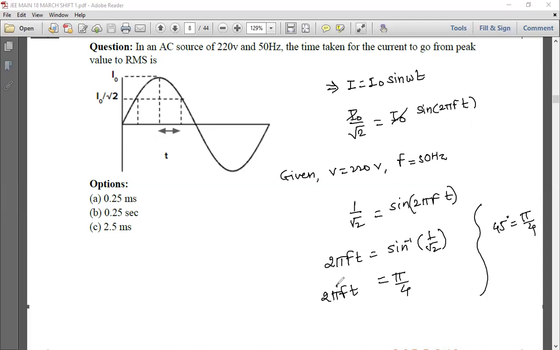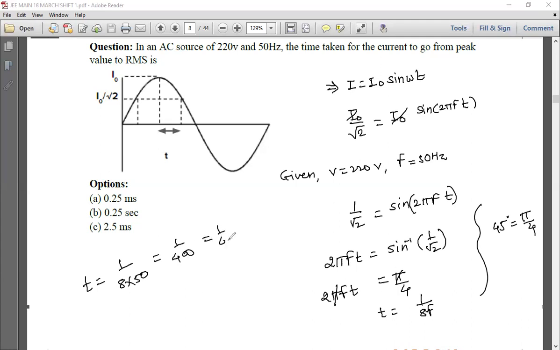So can I write here like this? Pi by 4 is equal to 2 pi f into t. So this 2 pi and this pi will get cancelled. And t is equal to 1 by, how much do you get? 4 twos are 8f. 1 by 8f. So t is equal to 1 by 8 into frequency, which is 50. So 1 by 400.